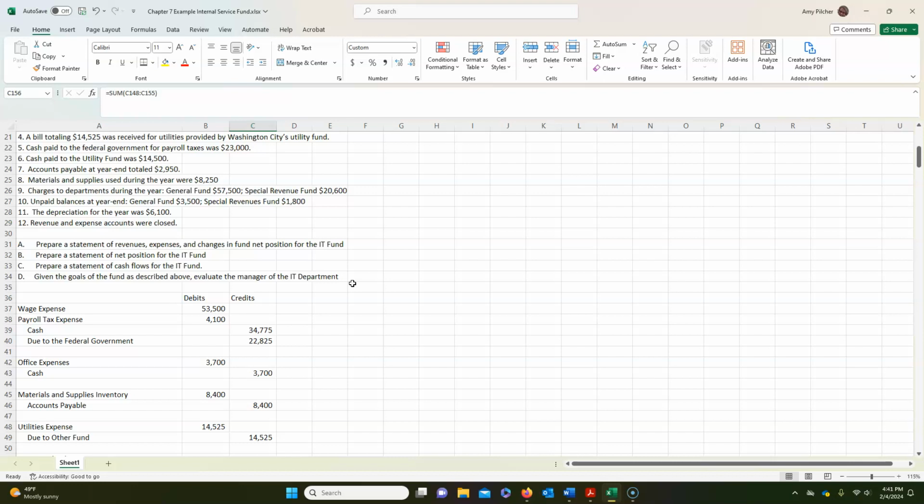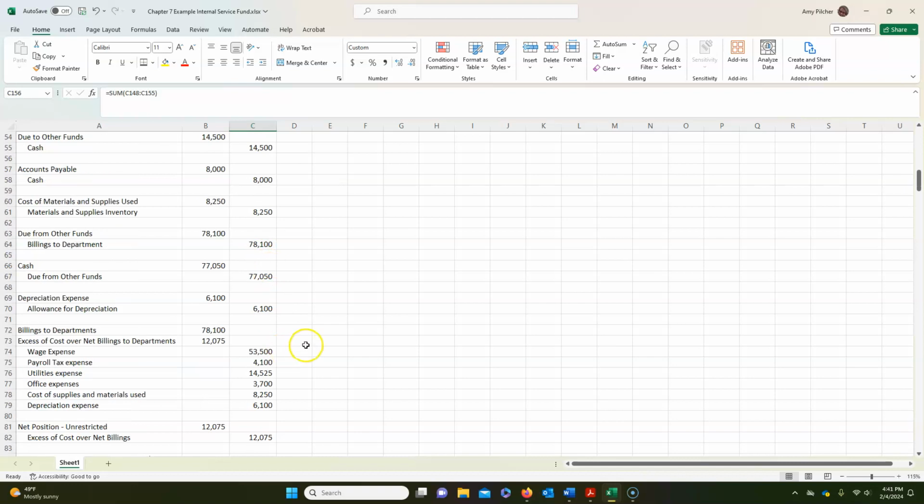We have a net loss of the year, which equals 15.5% of billings to department. So we need to look very carefully at what costs we have for the year and what our billings are, and we need to either significantly reduce our costs or increase our billings, or a combination of the two, in order to make sure that this department is at the very least covering all of its costs.